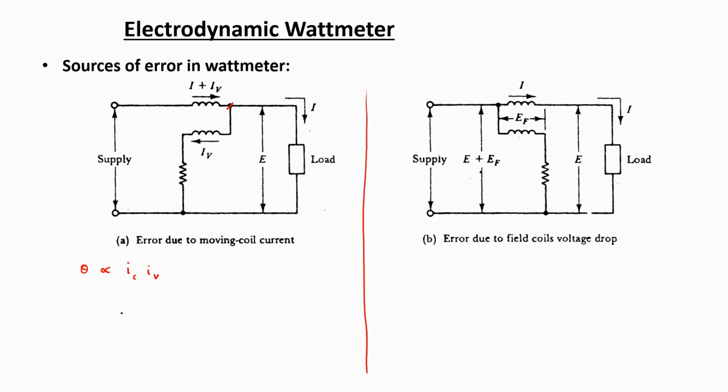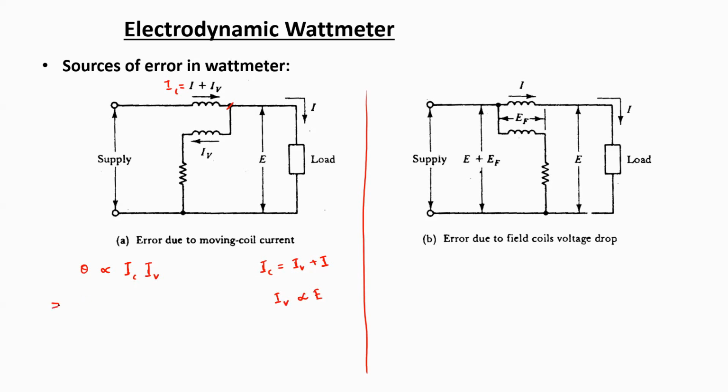Now we know that I C is equal to I plus I V. Let me denote the currents in terms of capital letters, it would be easier to relate with the notation using the figure. So that is the current through the current coil or the fixed coil. Now the current through the potential coil or the moving coil is proportional to the voltage E across the load.